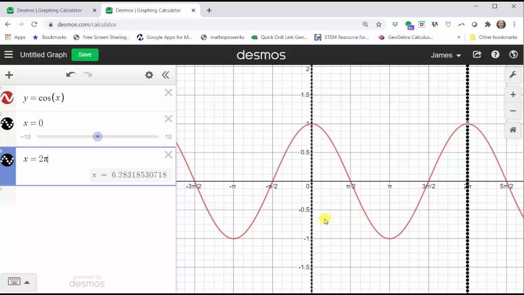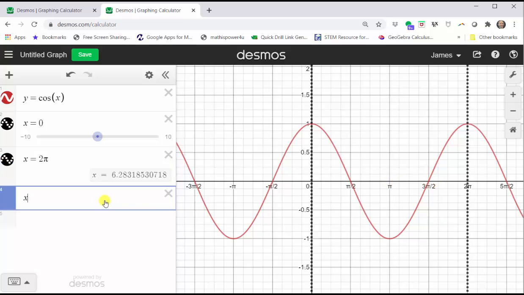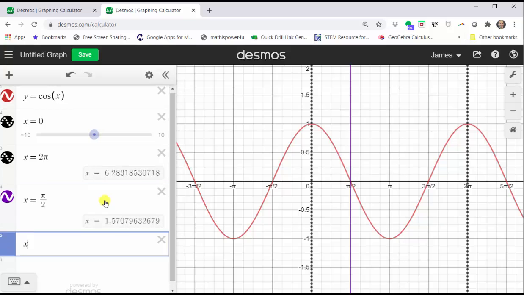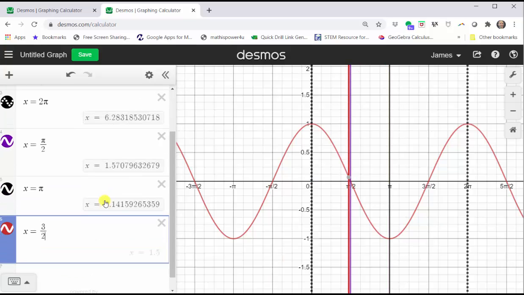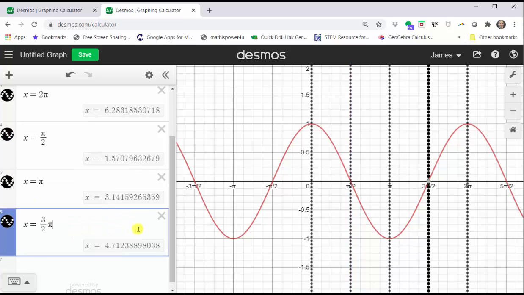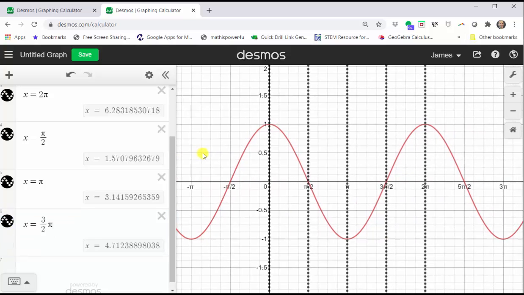So now we'll graph a vertical line at x equals pi over 2, x equals pi, and x equals 3/2 pi. And again, let's make these dashed and black.